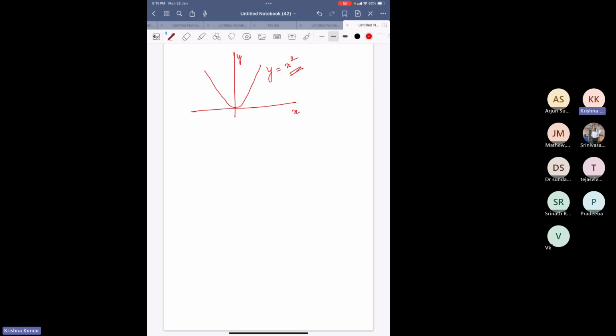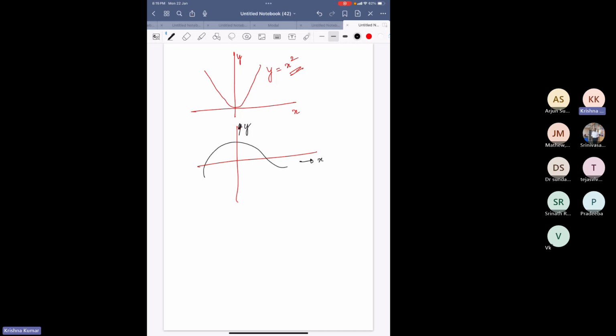So I have a function like this. I have a more complex function. I may not write that here. So this is y, say, let's say x.